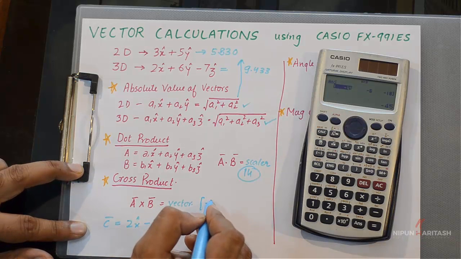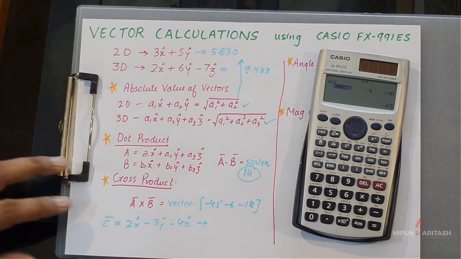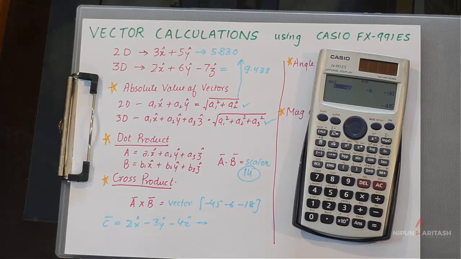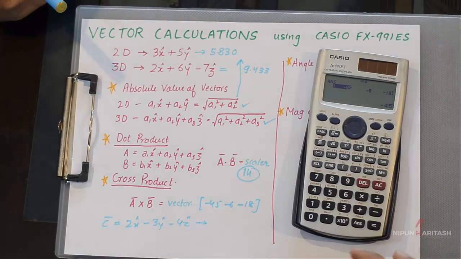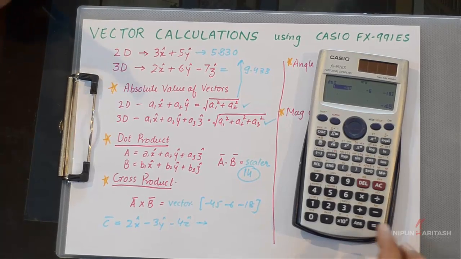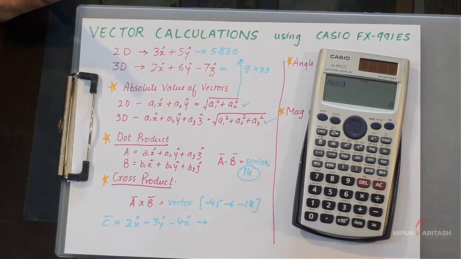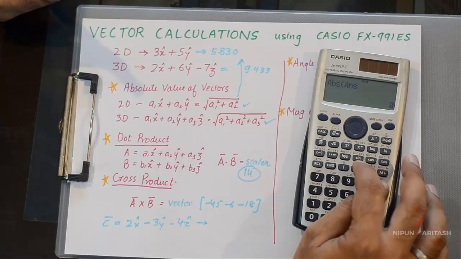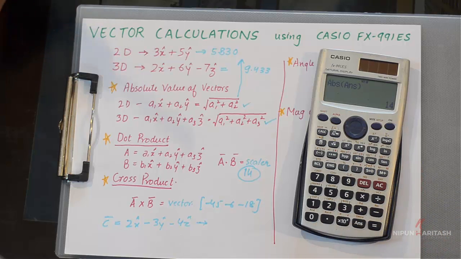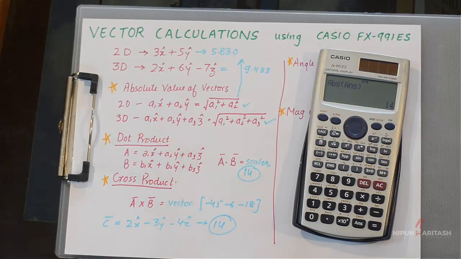So this is minus 45, minus 6 and minus 18. So that is how you can find the cross product. And now if you want to find the absolute value of the answer, you can simply go to shift absolute, answer, bracket close, and then you get the absolute value of the answer, which is 14.